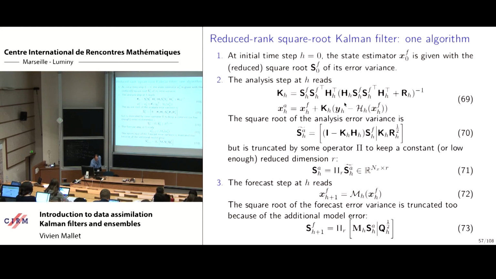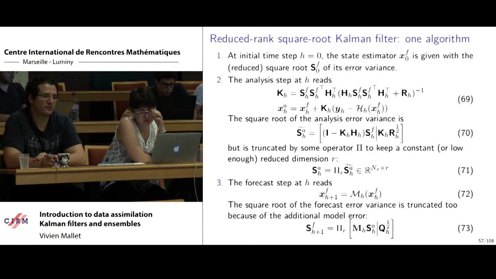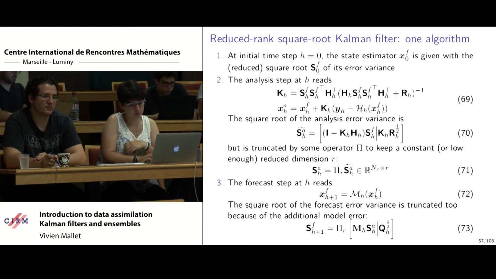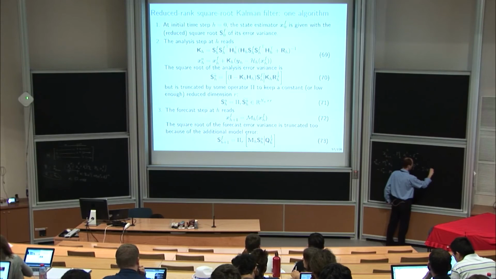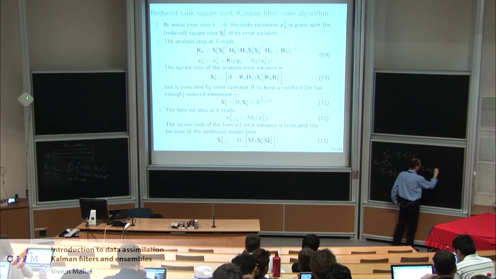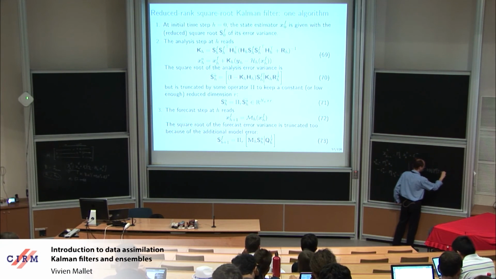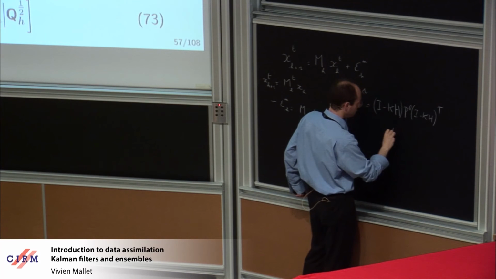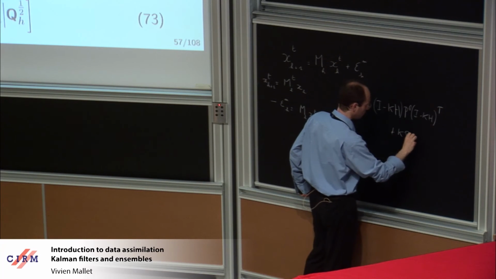You can compute the analysis here. And on the analysis, if you remember, we had this formula that PA was I minus KH PF (I minus KH) transpose plus K R K transposed.